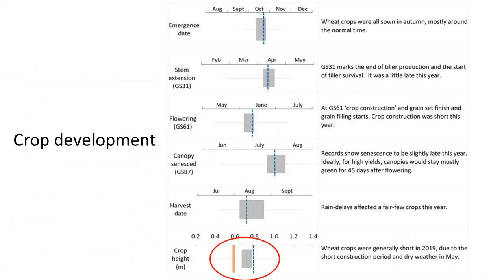Next we come to a plot of crop development, which appears to be around the average for all except crop height, which was impaired by a shortage of rainfall in the April to July period, which we'll see in the next graph.